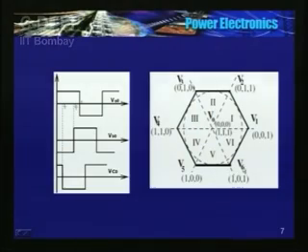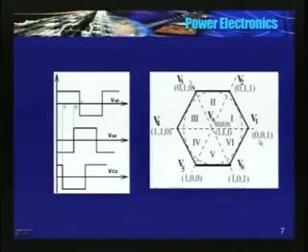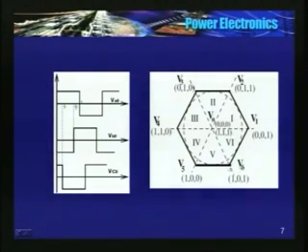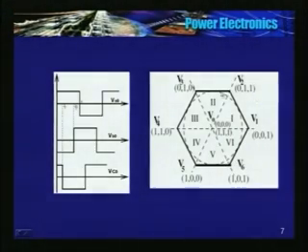I am calling these vectors V1, V2, V3, V4, V5, V6. Please, these are not the binary equivalent, I am just calling them V1 to V6. V0 and V7 are at the origin.